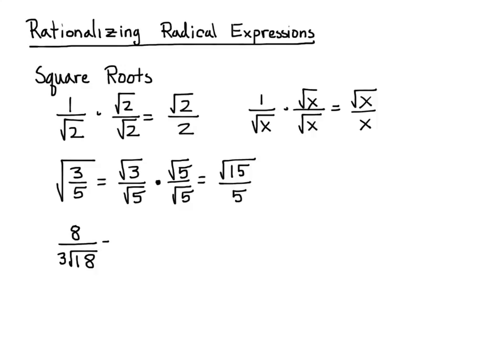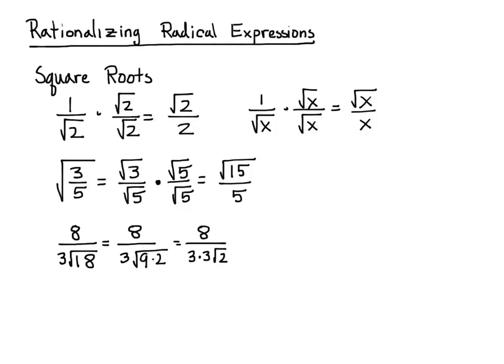Now, one of the things that you want to do first when you're doing this is simplify the radical, or take out as many factors that involve a square before you rationalize it. So if you have something like this, where you have 8 over 3 times the square root of 18, square root of 18 is 3 squared times 2, right? So let's simplify that out first.